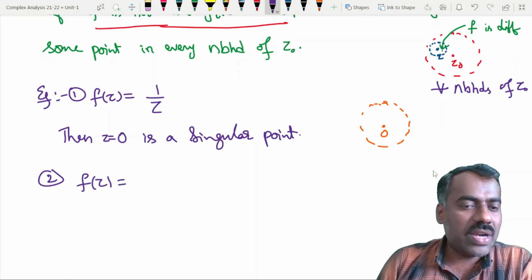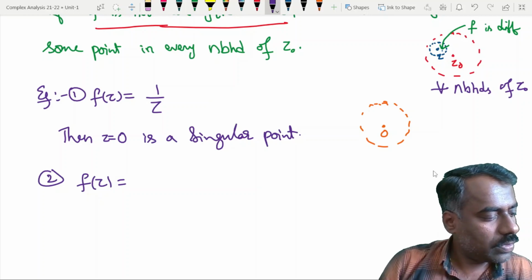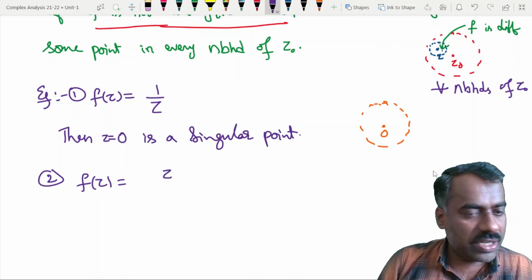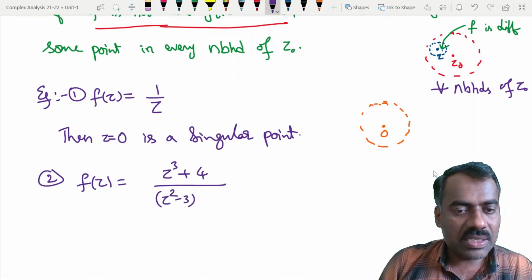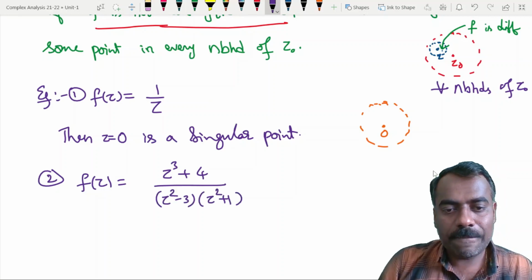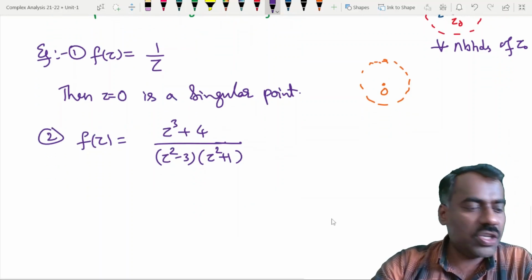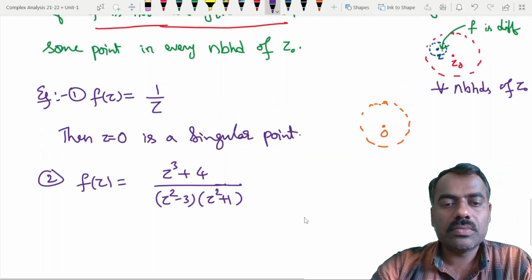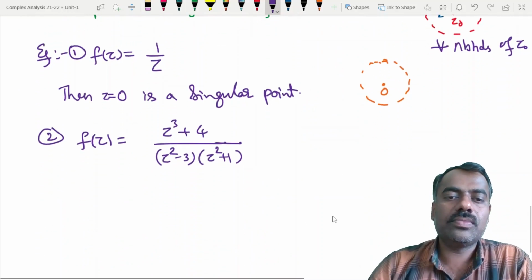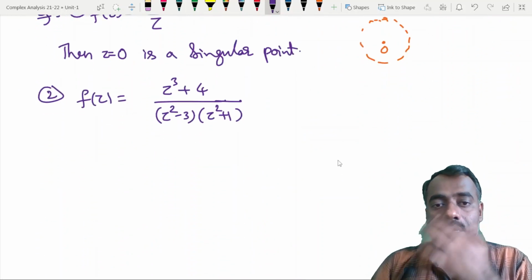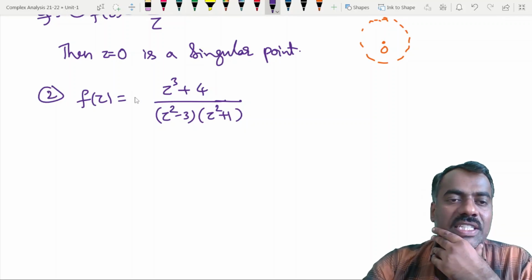Okay. Just to understand, take another example. Let me give that example. F of z equals z cube plus 4 upon z square minus 3 into z square plus 1. Then what can you say about this? What are the singular points here? That means where f fails to be analytic. This is nothing but a rational function, right?